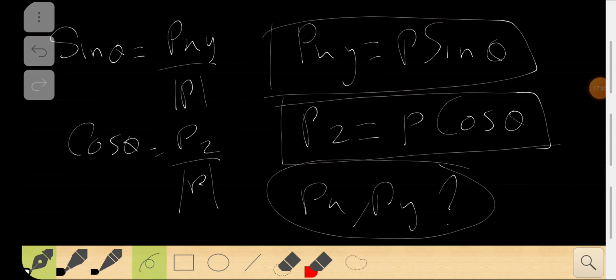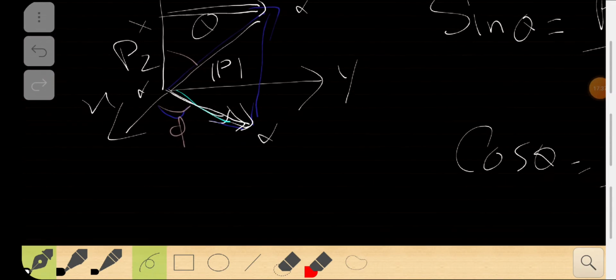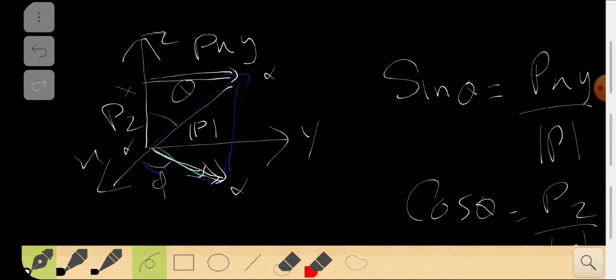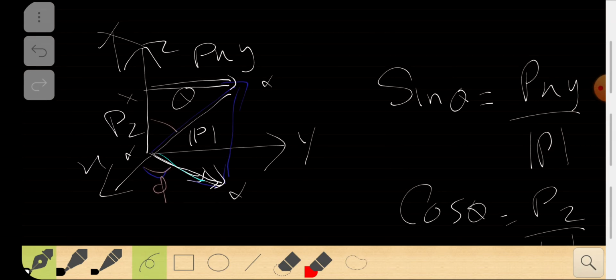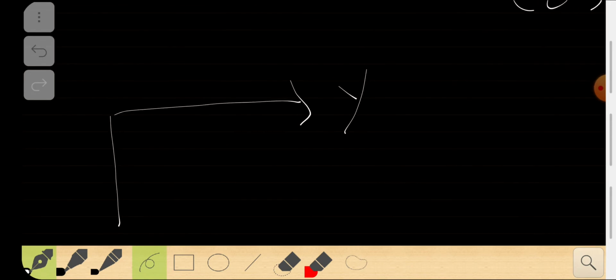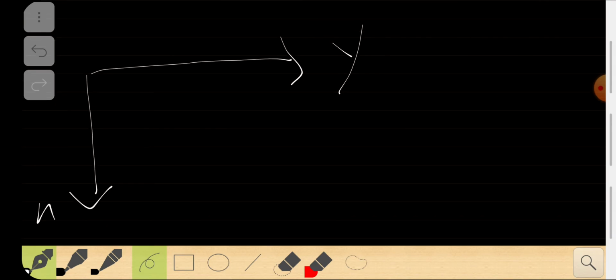Now if you look at the same graph, you can look at this from above. If I'm looking from this direction downwards, you will see that the y-axis will be in this direction and the x-axis will be in this direction, and this will be our p of xy.